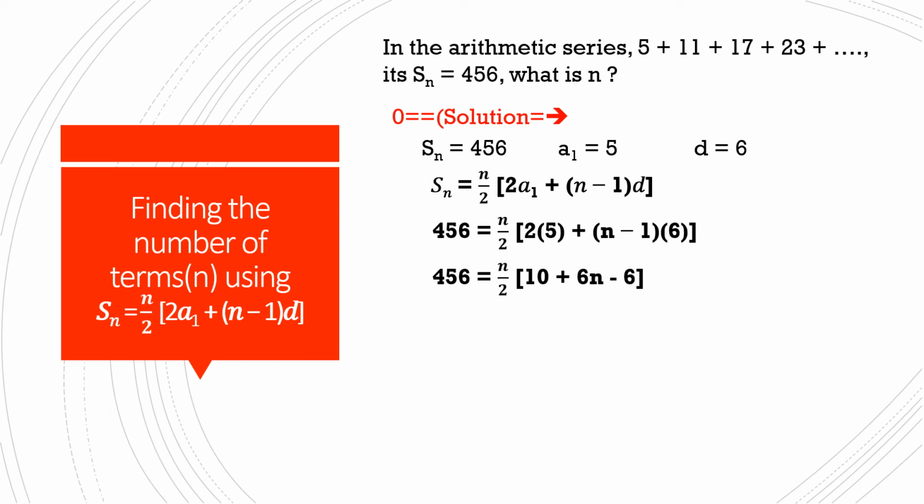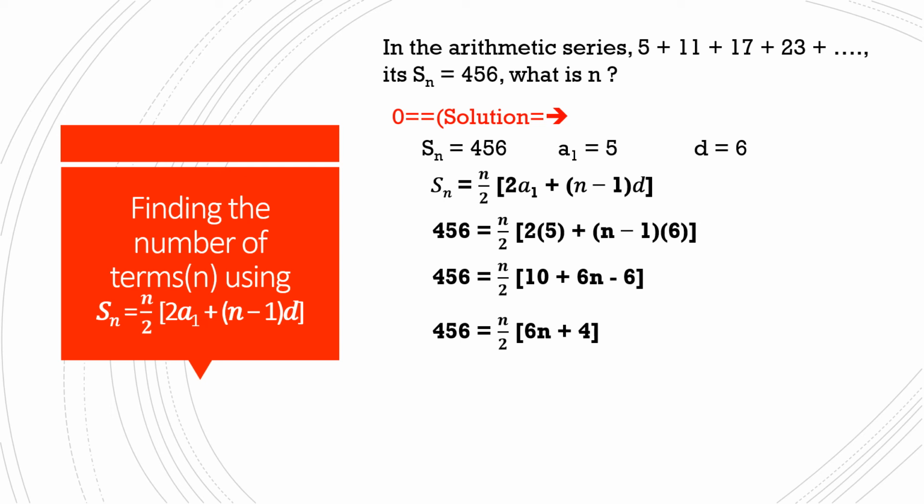So 10 minus 6 is equal to 4. So this expression would be 6n plus 4, over 2. The 6n plus 4 can be divided by 2, so we will divide this by 2. So this will become 3n plus 2.